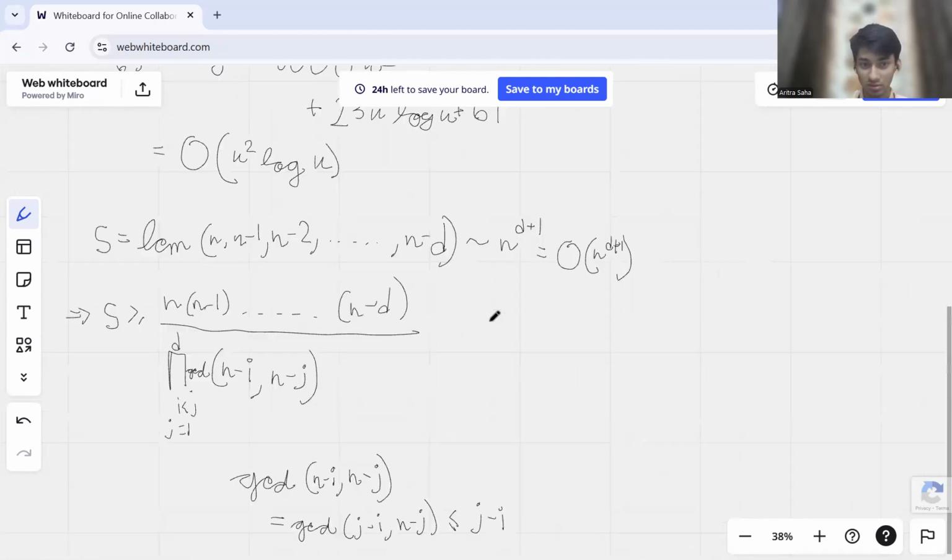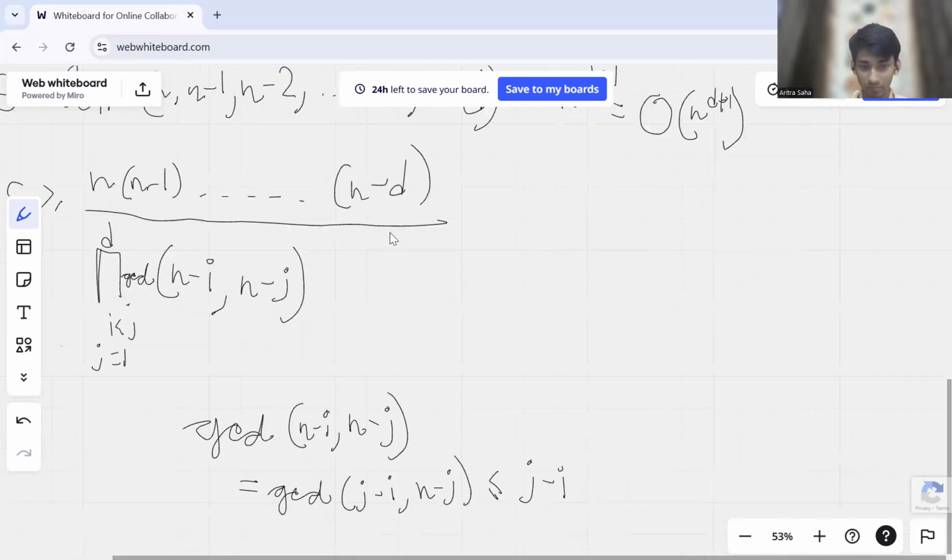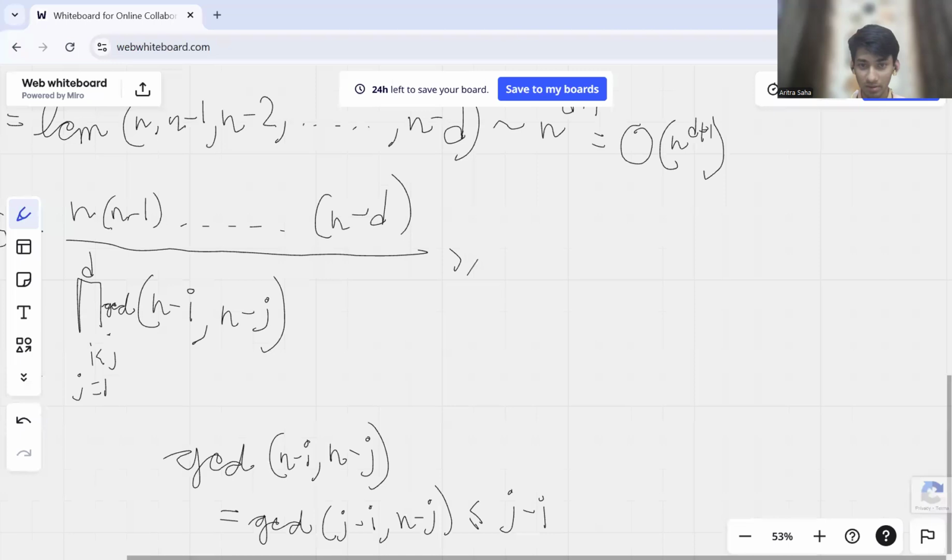So this product is bounded by product of n minus I, I goes from 0 to d, by product of j.